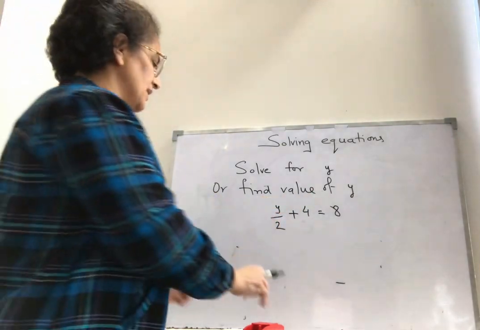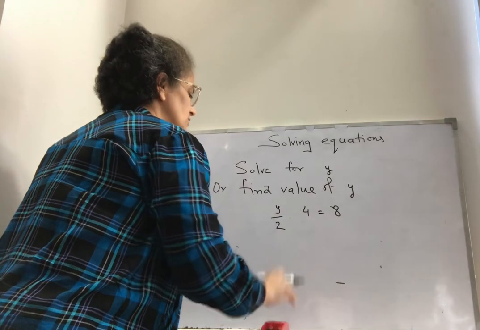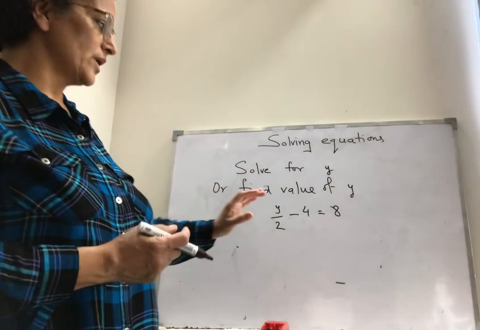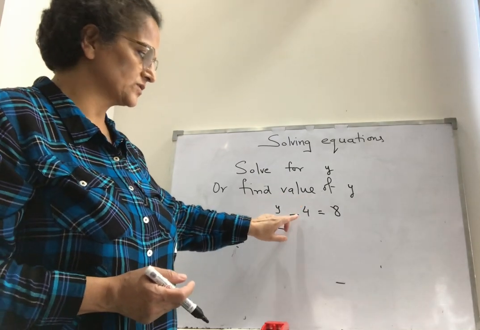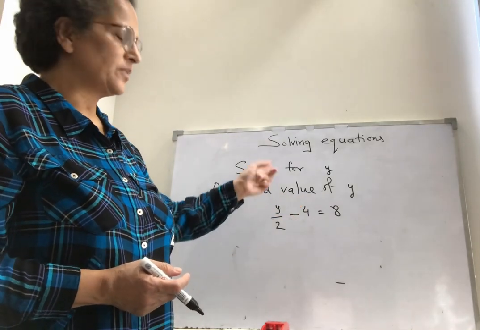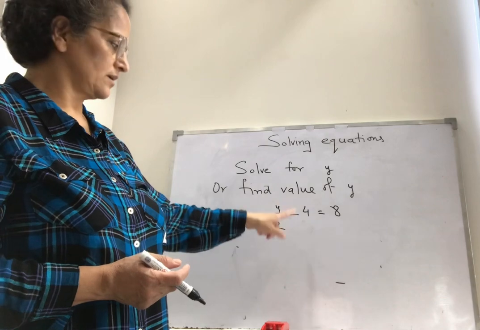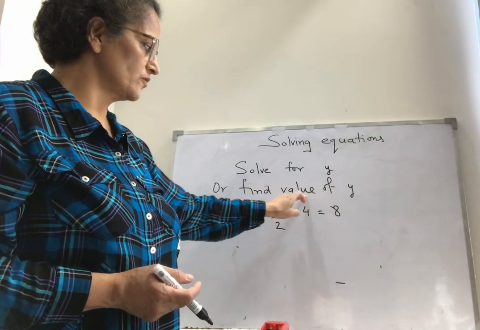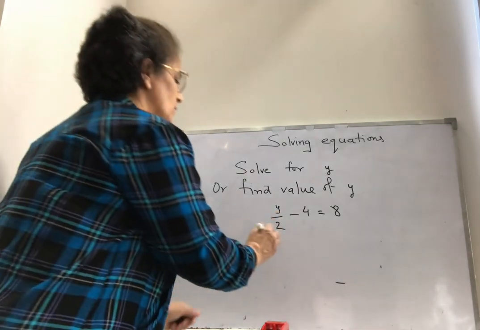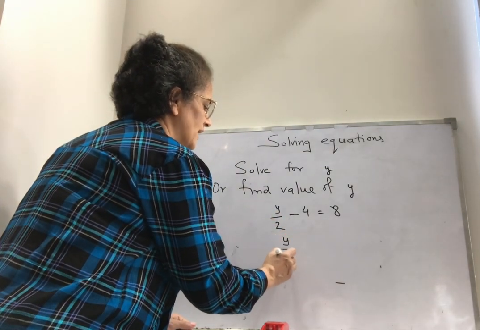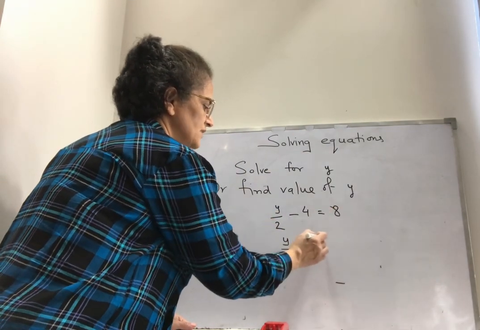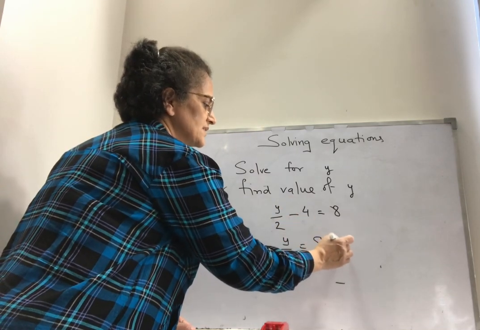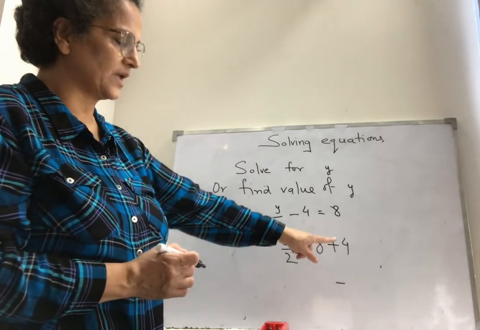Now, or I can take minus 4. We have already taken 4 plus sign. So first you have to remember plus or minus to be removed. Previous question plus was there. Now here minus is there. So first we have to remove minus 4. So we copy y by 2 as it is. 8 is on the right side as it is. Minus 4 goes on the other side of equality, becomes plus 4.